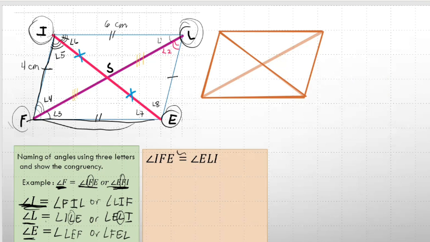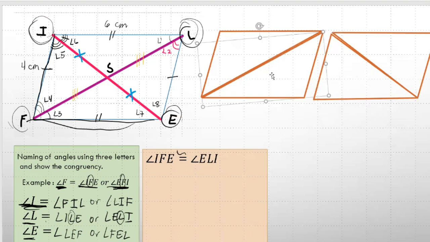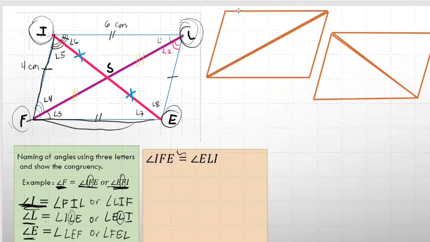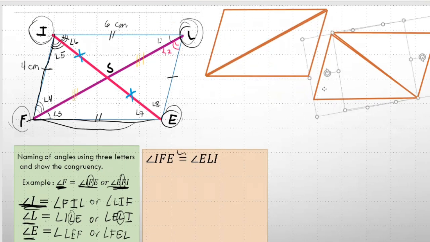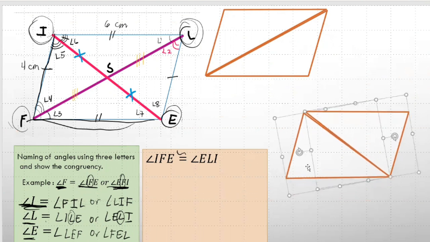So let's have here the plane figure that I have on the left side. So for example, let's use this parallelogram. So for example, this parallelogram is our F, I, L, E. Okay? So now, kailangan makita muna natin.